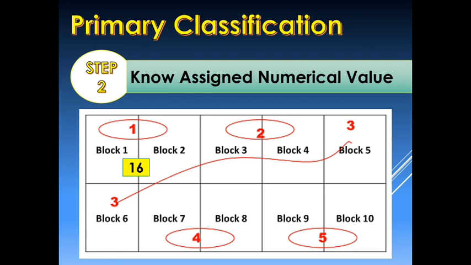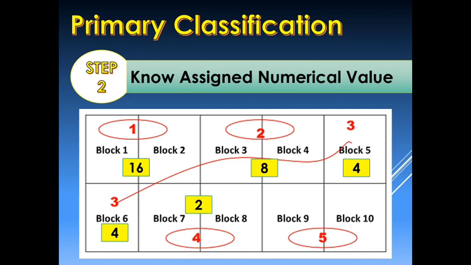And then the second pair, block 3 and block 4, has its assigned numerical value of 8. The third pair, block 5 and block 6, has a numerical value of 4. The fourth pair, block 7 and block 8, has a numerical value of 2.